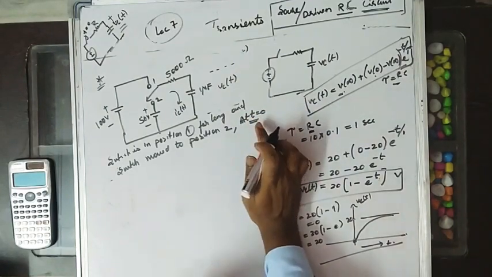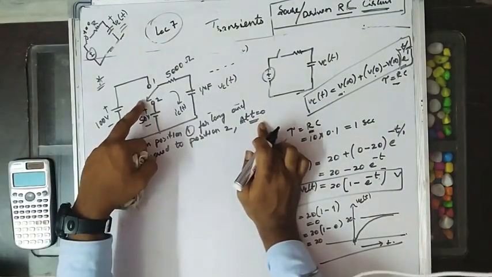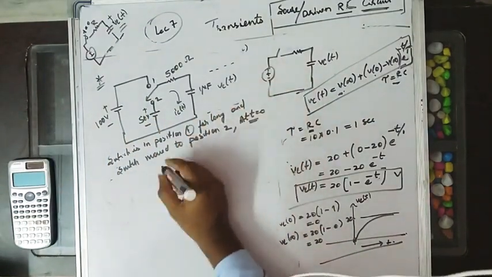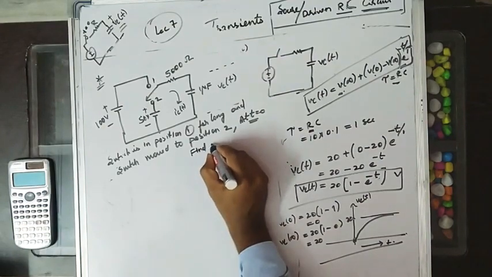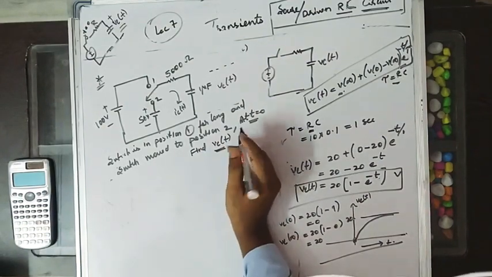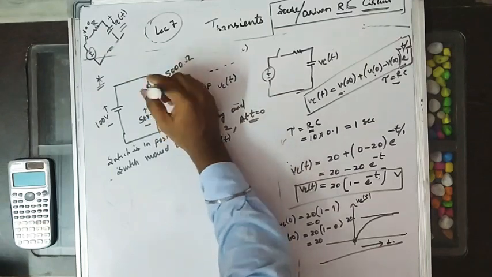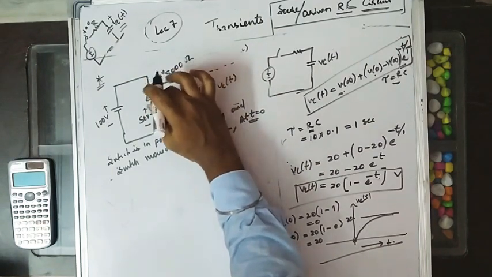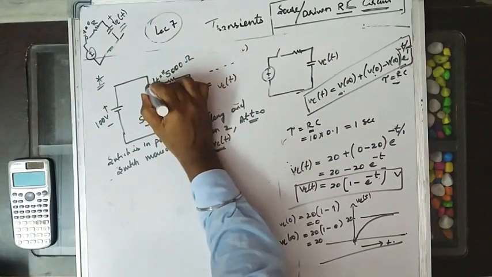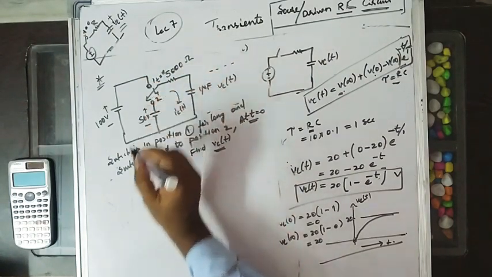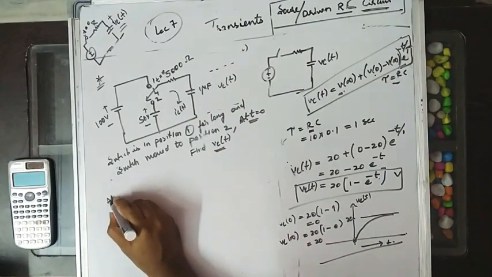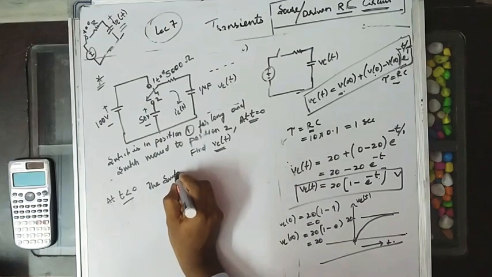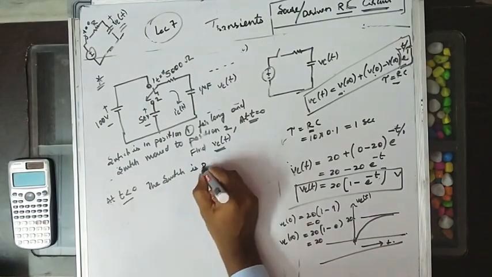So at t equal to 0, the switch is moving to position 2. That means you are asked to find the expression of Vc of t. Before the switch is moving, the switch is in position 1 only. Okay, now continuing that, at t less than 0, the switch is in position 1.